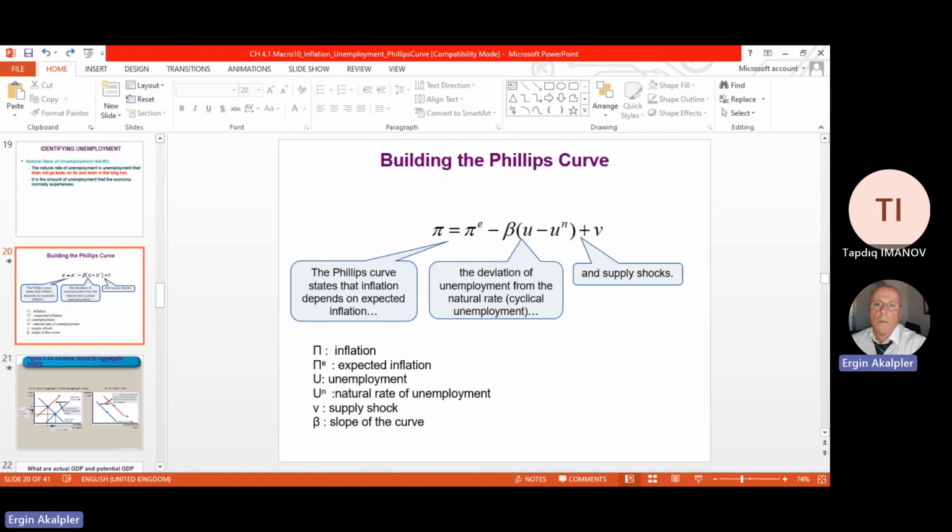Looking at the equation, inflation is equal to expected inflation minus beta, the slope of this curve, times the difference between the existing unemployment and the natural rate of unemployment. This difference, the deviation of unemployment from the natural rate, is cyclical unemployment. Then the equation adds the supply shock to give us the inflation rate.